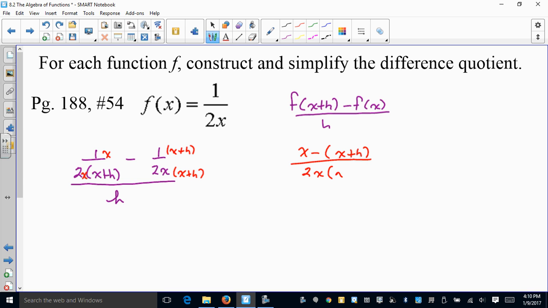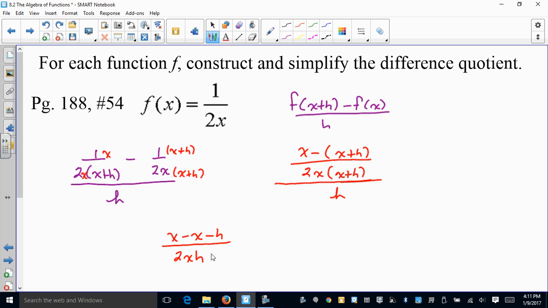All of that over h. Distribute the negative, we get x minus x minus h over 2x times x plus h, all over h.